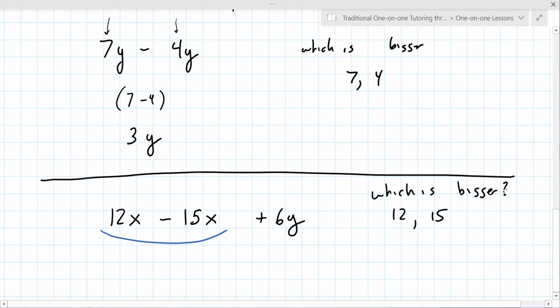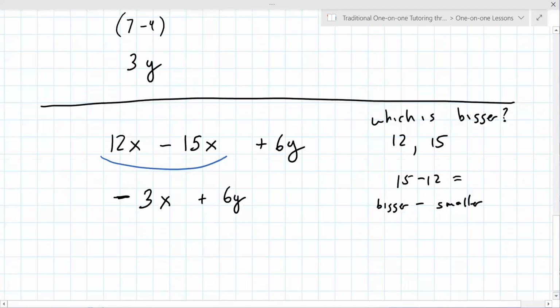Which is bigger, 12 or 15? 15. 15 has a negative in front of it. So the answer is negative. Then you subtract the two numbers. You do 15 minus 12 because you always do the bigger minus the smaller. What is 15 minus 12? 3. So this is negative 3x plus 6y, right?